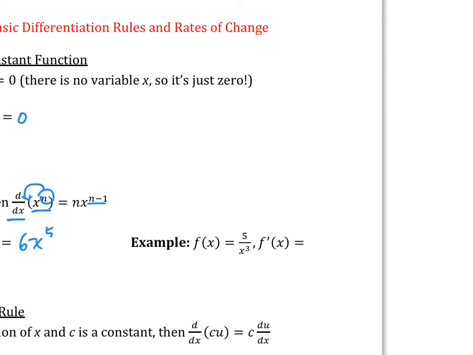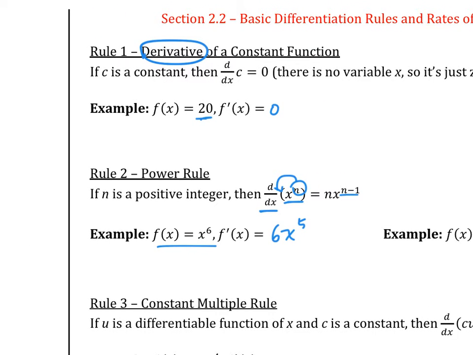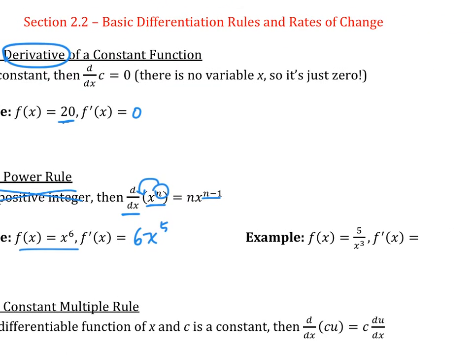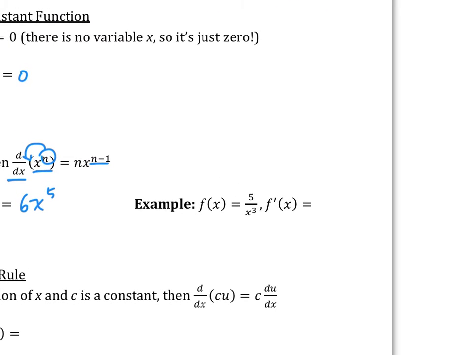Same thing here. I probably should say not a positive integer. n is just any number. It could be a fraction or an integer, positive or negative. Doesn't matter. We're going to do it the same way. So if the function were 5 over x to the 3rd, that's a little bit tricky. Recall that we can turn this into 5 times x to the negative 3.